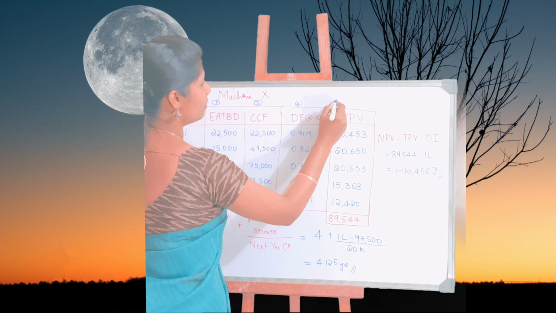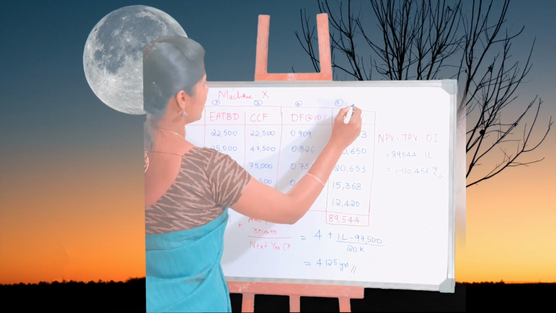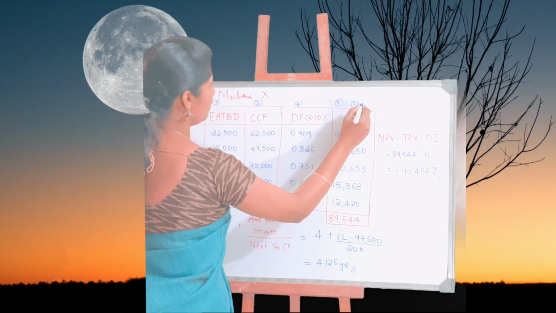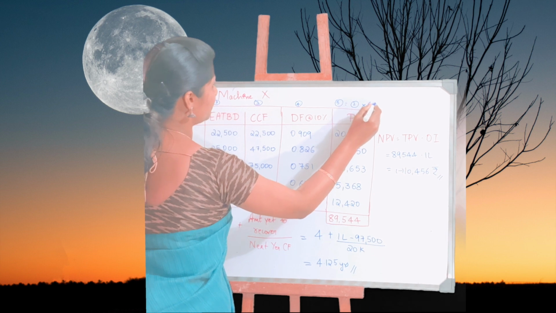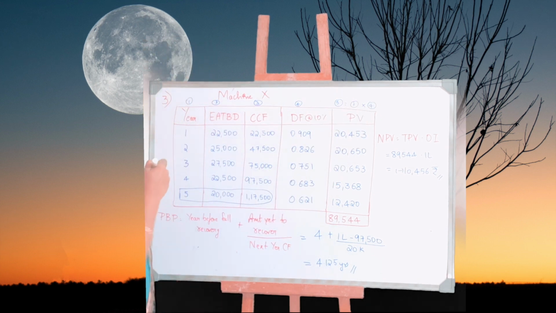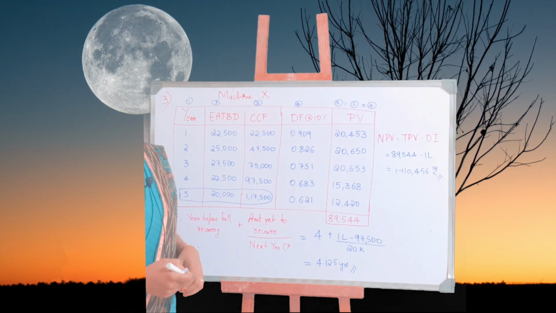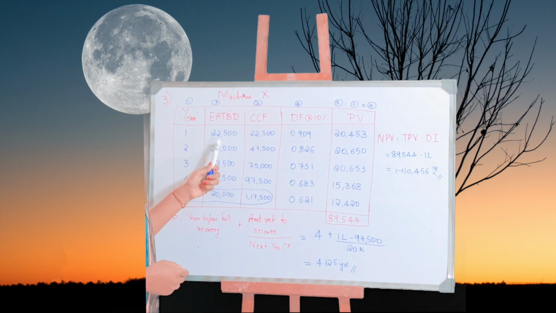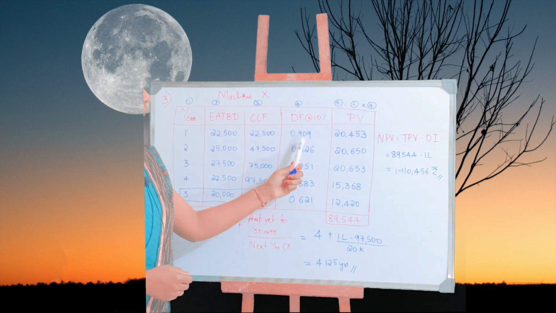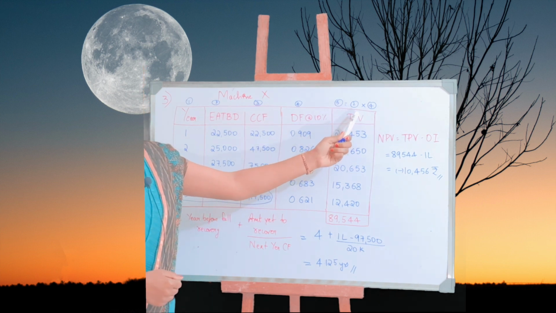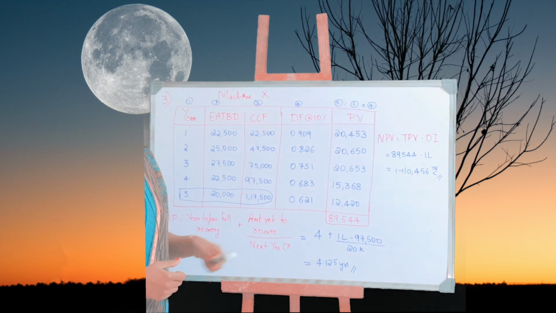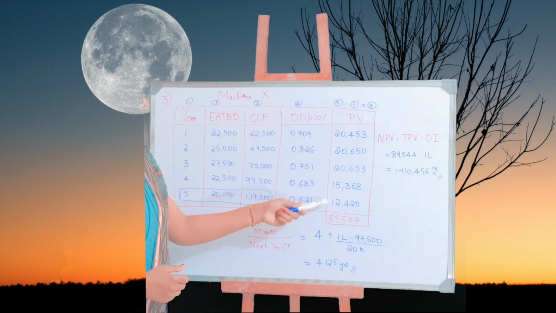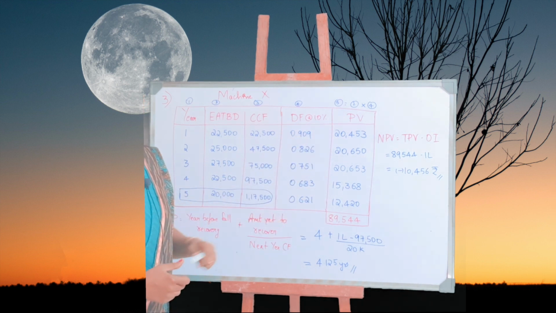So 5th column equals your 2nd column multiplied by 4th column. If you're getting confused how to find out my present value, you can do earnings, that is the cash flows multiplied by the discount factor. That's why I've written here 2nd column multiplied by your 4th column. You will arrive at the present values over here.